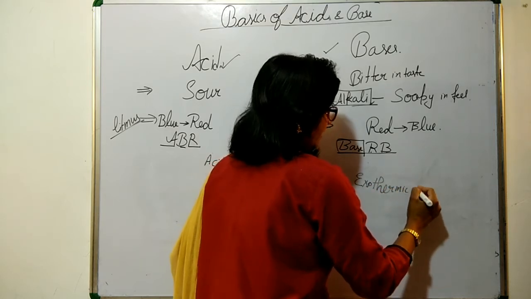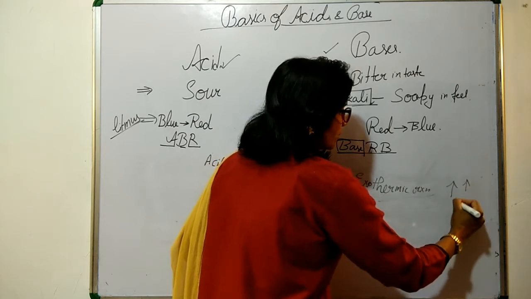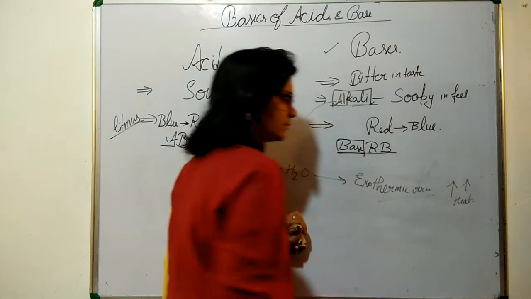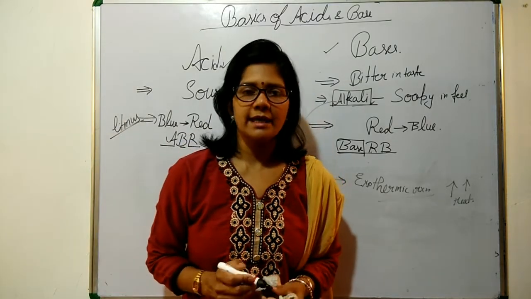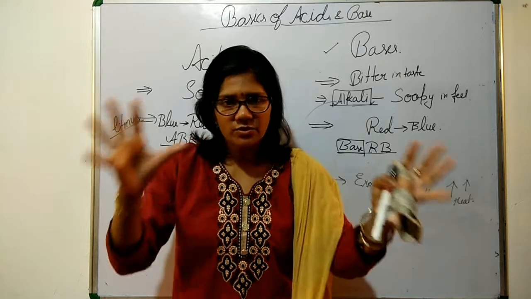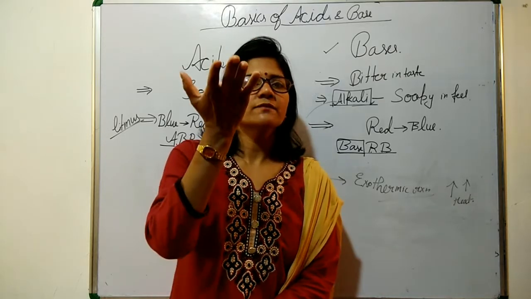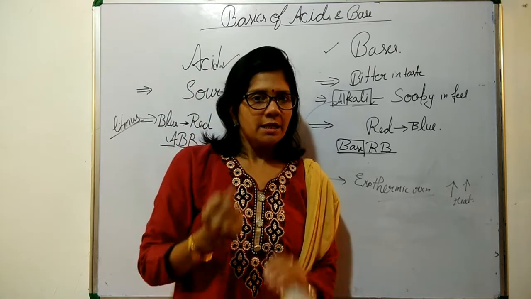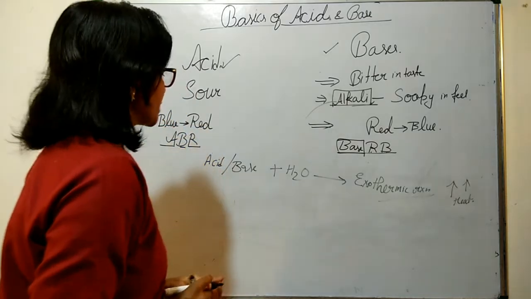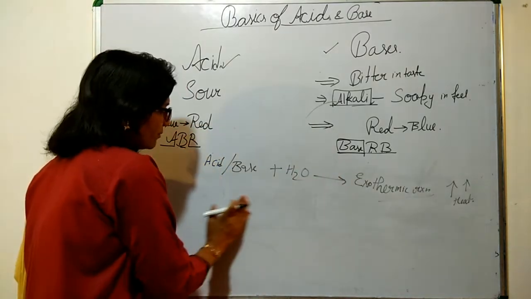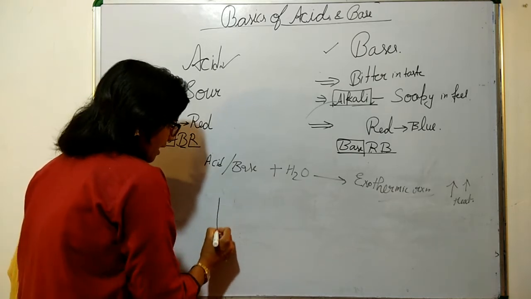Exothermic reaction means it releases a large amount of heat. And if this heat is localized, meaning it is not distributed to the whole container, then it will come out in the form of a splash. So there is a very important precaution at the time of dilution. We'll see it later, just after this topic.